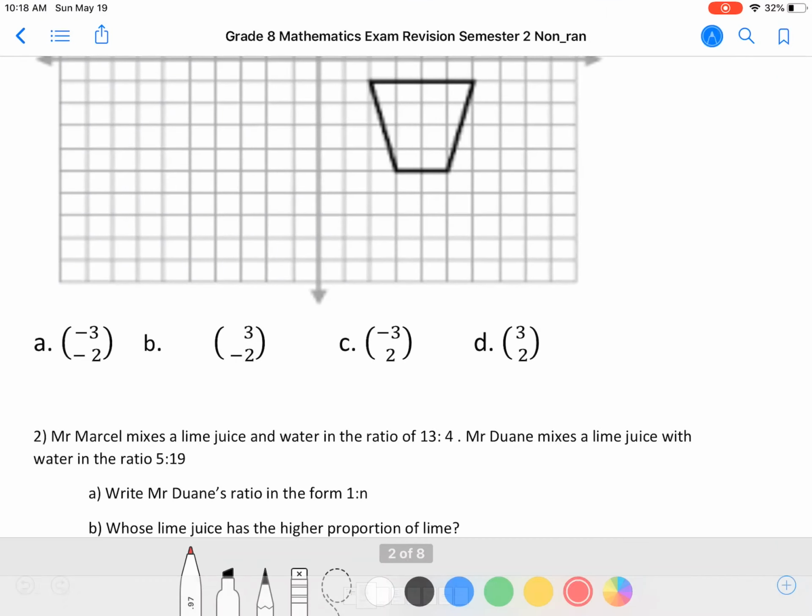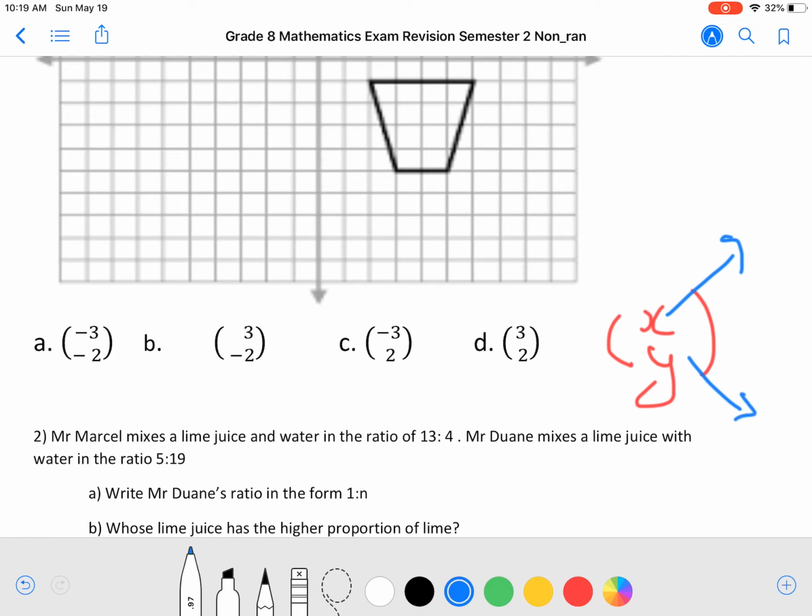This is X and Y. That means the top translation is the X translation and the bottom translation is the Y translation. If the top part is negative, that means we move in the negative direction.